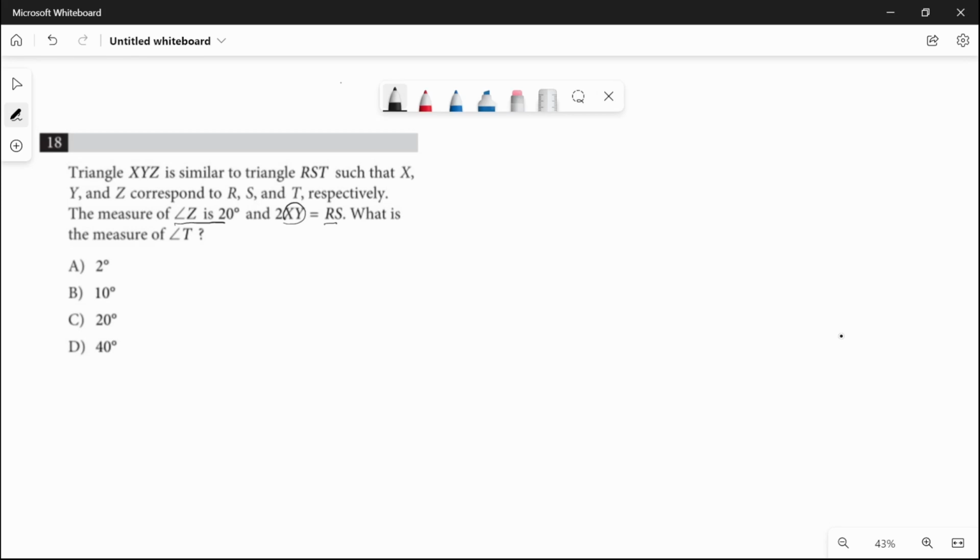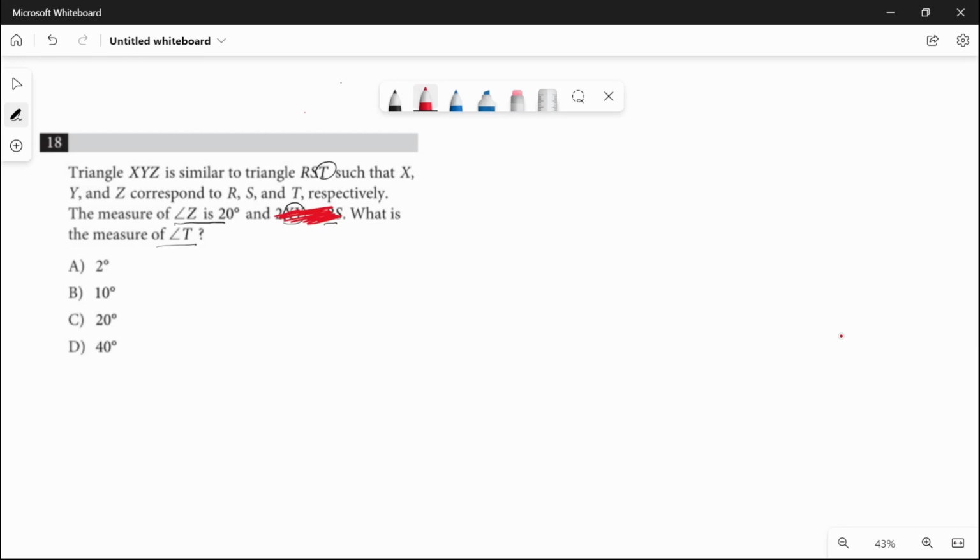What is the measure of angle T in the second triangle here? So whenever they tell you that two triangles are similar and they ask you about the measure of one angle of these two triangles, do not care about the sides. It's not worthy information.